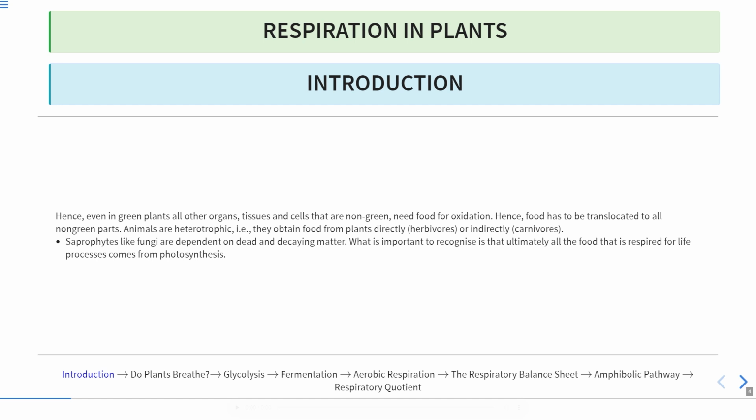So these fungi are taking the food material from those dead plants, and in those dead plants the food material came from the process of photosynthesis only. Now let us talk about the animals. Those dead animals had taken food from the green plants, and green plants got food from the process of photosynthesis.